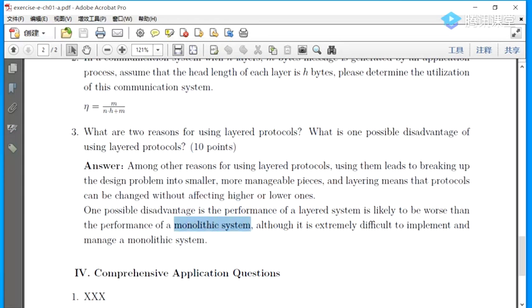But the monolithic system has higher performance, though it is difficult to implement and manage. So layered protocols have advantages and disadvantages, and we should analyze it.